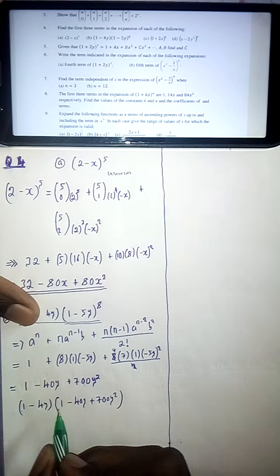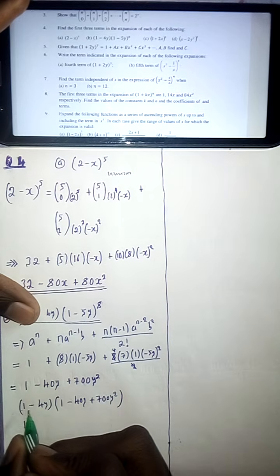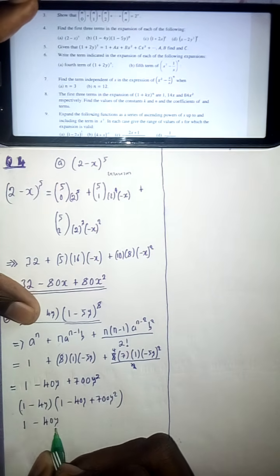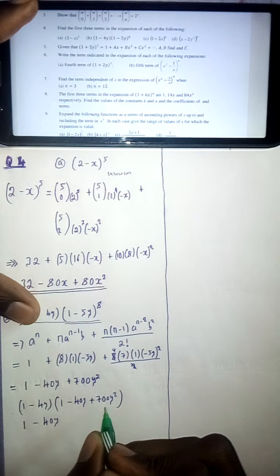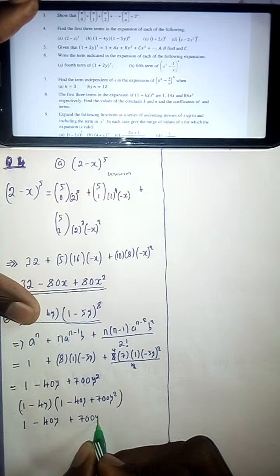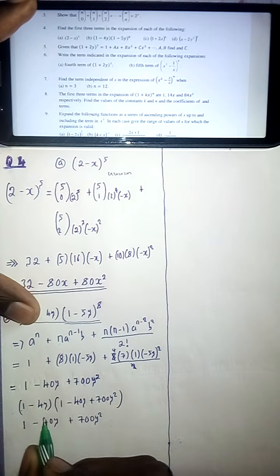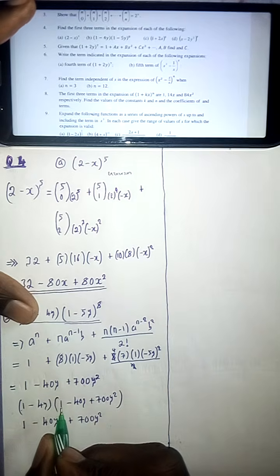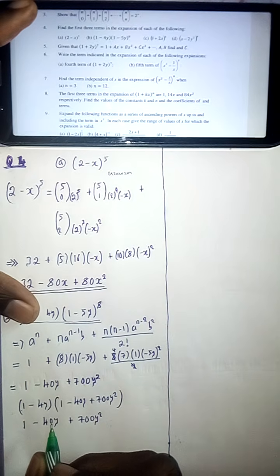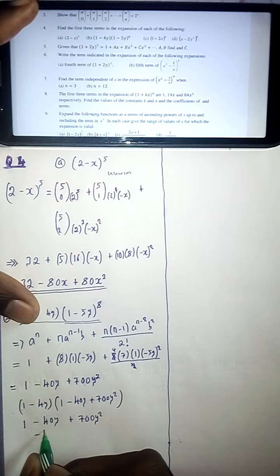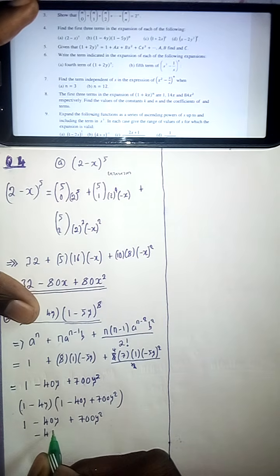So this multiplied by this 1, this multiplied by this negative 40y, this multiplied by this plus 700y squared. This multiplied by this, as you can see, we are going to get negative 4y. Where do we find y? It is on this point, so we are going to put it here.